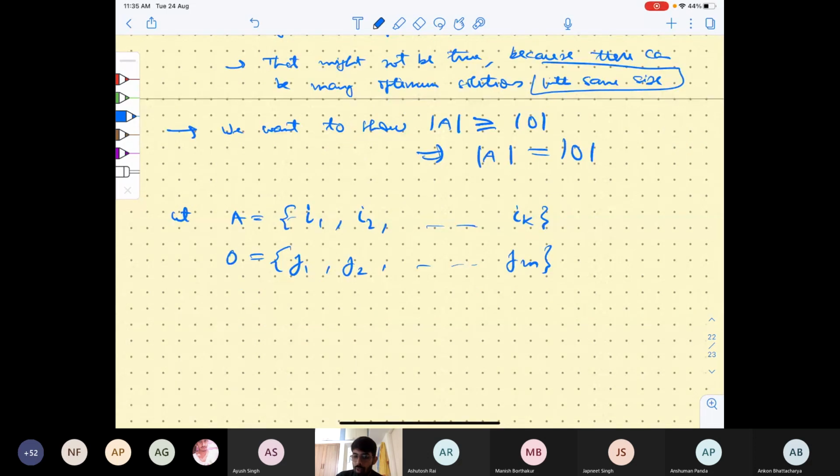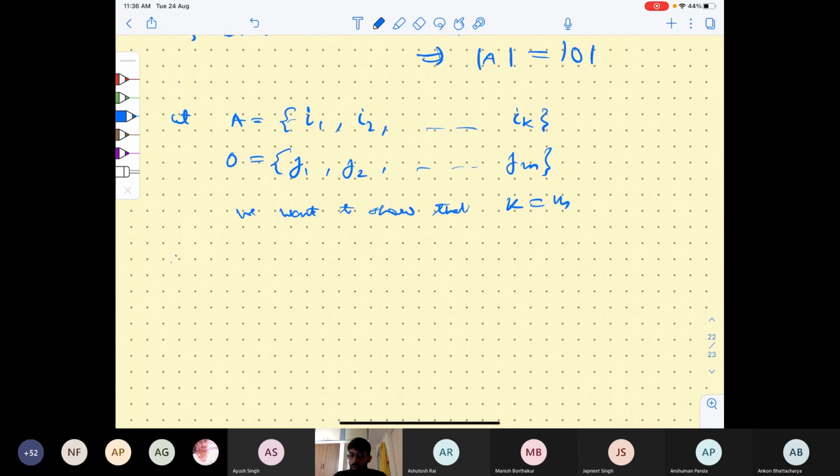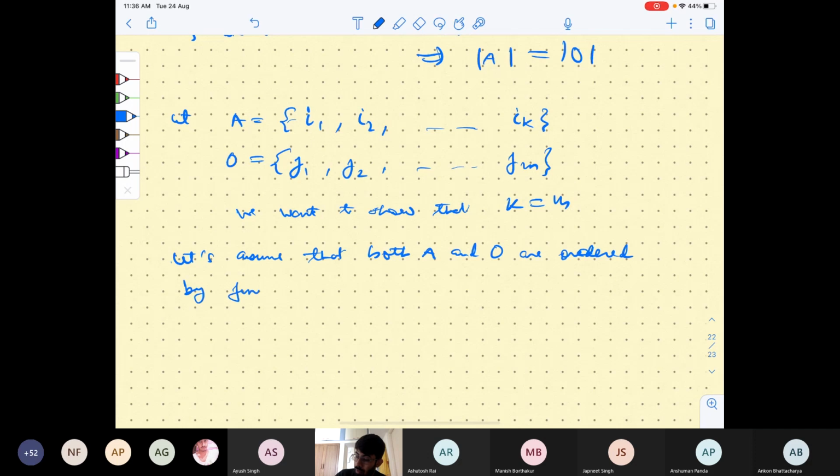Okay, and we want to show that k is equal to m, right? So let's assume that both A and O are ordered by finish time, and hence start time also.